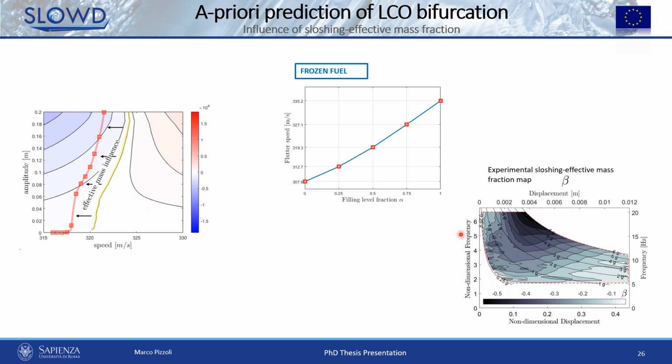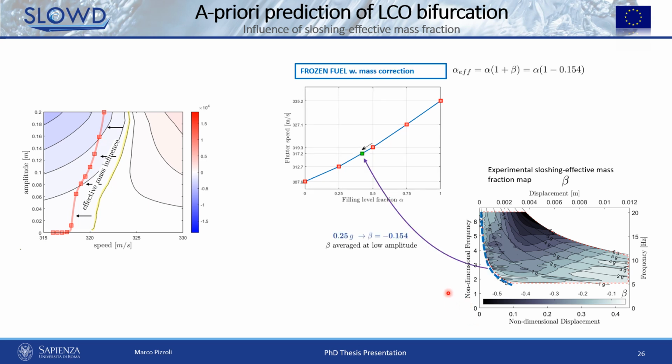And by selecting a low amplitude average beta value and including it into the problem, an inertial effect is created here that changes the stability margin. So the flutter velocity is lowered with respect to the frozen fuel without mass correction model.